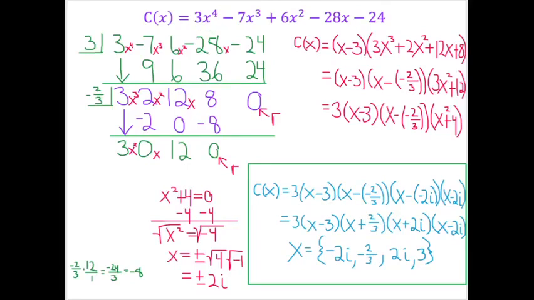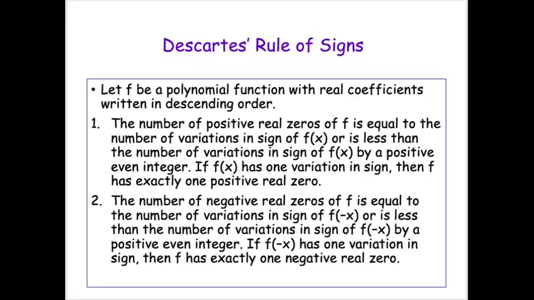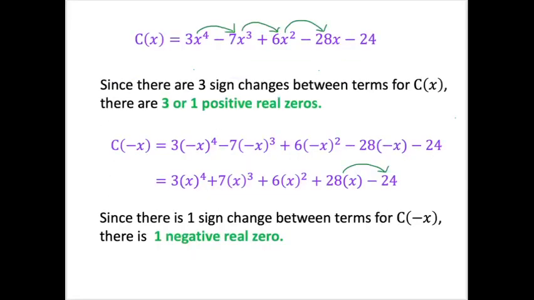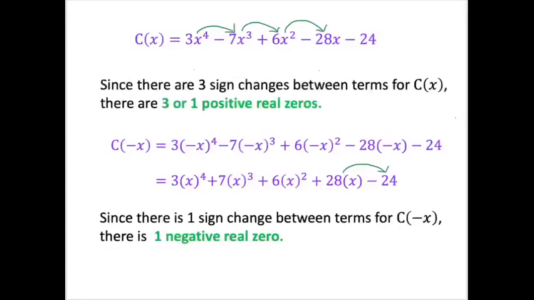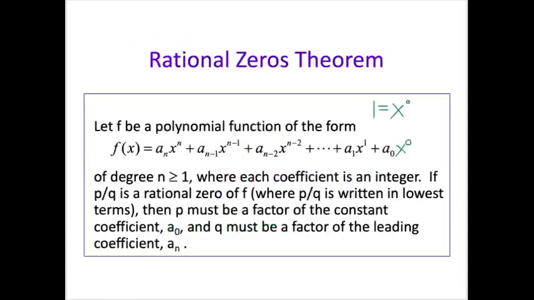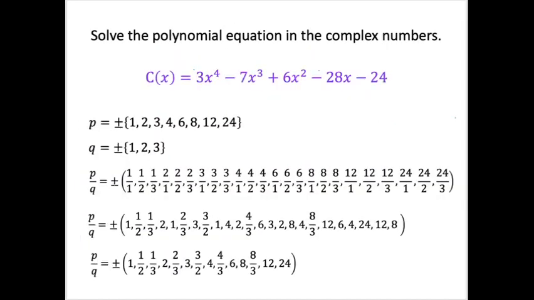And then I also hope that you understand now a lot more about how we use Descartes' rule of signs to help us narrow down the number of possible real positive zeros and negative zeros, so that when you do use your rational zeros theorem, you don't have to try all possible rational zeros.